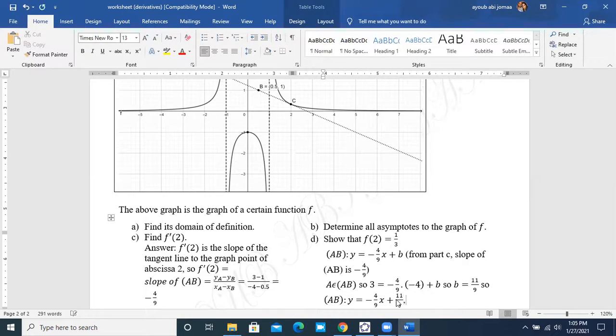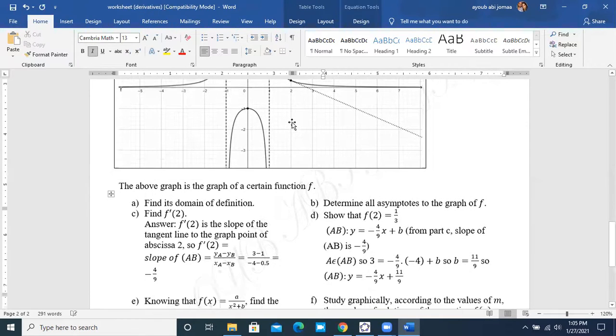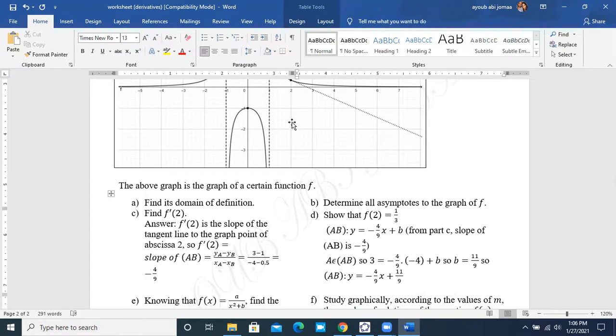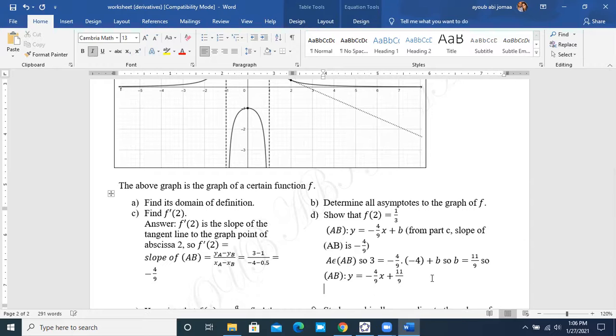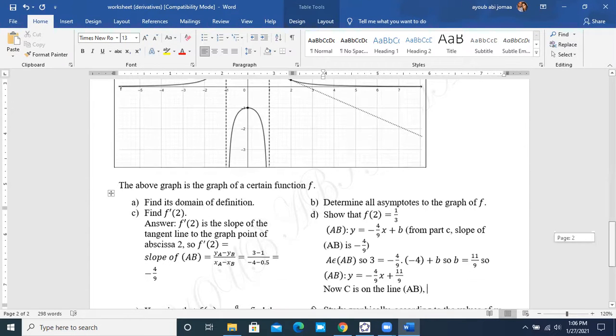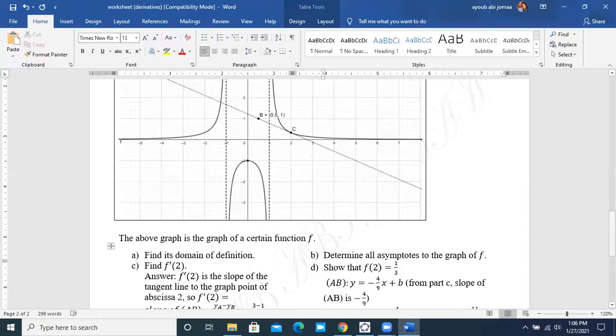Now point C is on the line AB, meaning the coordinates of C satisfy the equation.